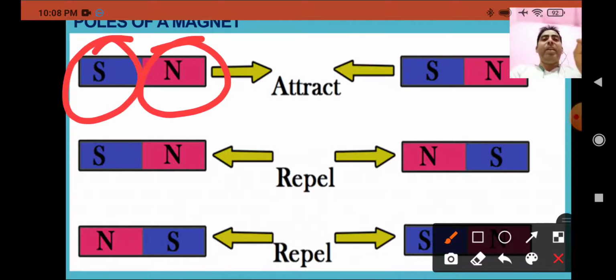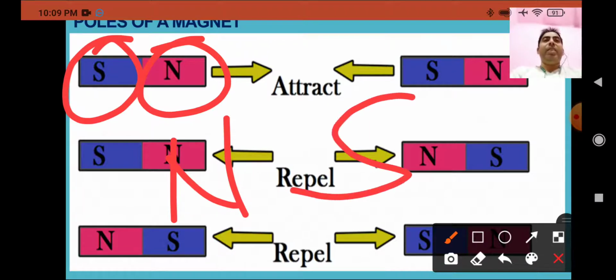A bar magnet consists of two poles, south and north. The north pole we write with the capital letter N, and the south pole we write with the capital letter S.